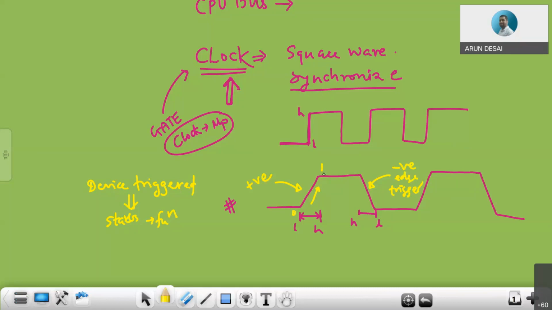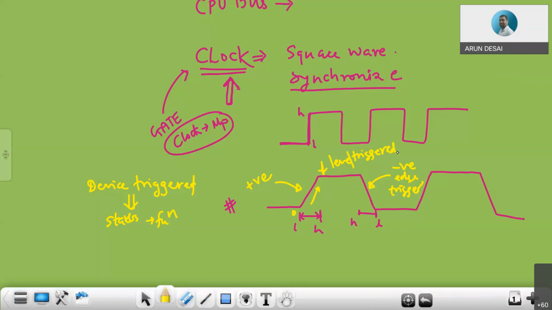And one more addition here is level triggering, right? At a stable high level or low level, if the device is triggered, it is called a level triggered device, or a level triggered signal, right?